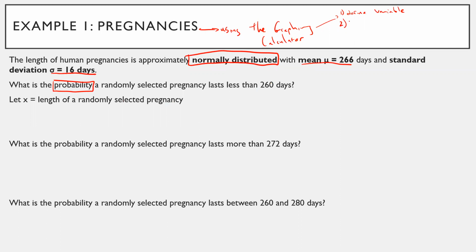The second thing you're going to do is write the probability statement. This is the probability that a pregnancy is less than 260 days. What do you guys think?